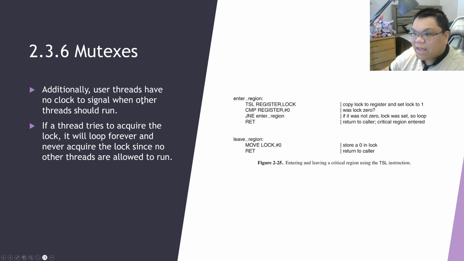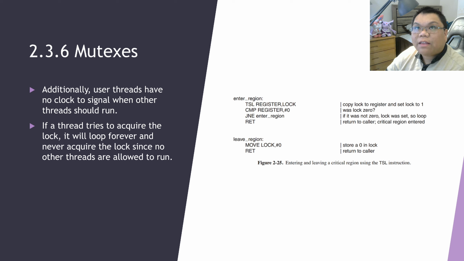Additionally, user threads have no clock signal. The other thing about processes and threads is there is a CPU scheduler and a clock that are working together to choose processes to run at any given time. We don't have that signaling mechanism on the level of threads.